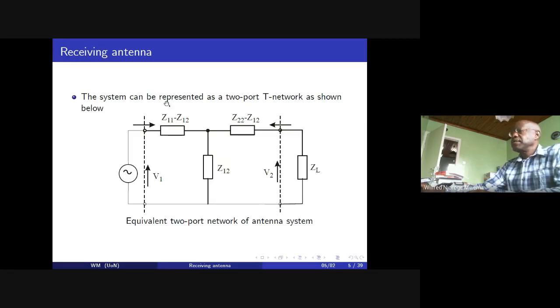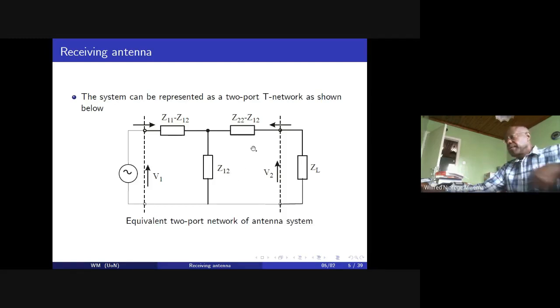All I'm doing is using the Z parameters of the network, and therefore defining ZA and ZB as Z11 minus Z12, where Z11 is the driving point impedance of the two-port network with the output port open, less the transfer impedance, and ZB as Z22 minus Z12, where Z12 is the mutual impedance, or the transfer impedance, so to speak.